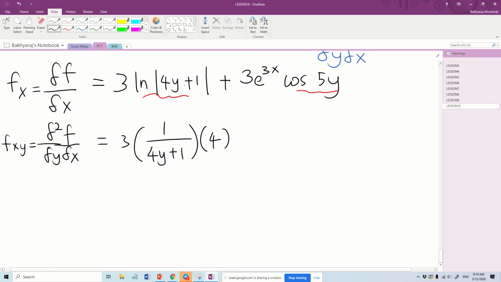The formula here is 1 over u times du dx. Our u, we differentiate, we get 4. So 1 over u, so 1 over 4y plus 1, differentiate 4y plus 1, you get just 4.